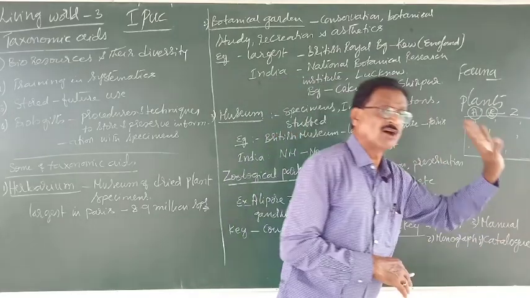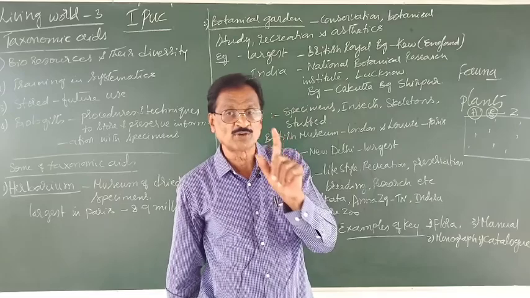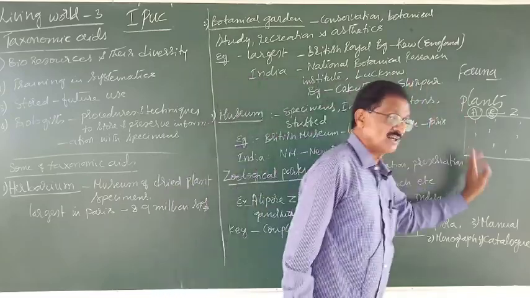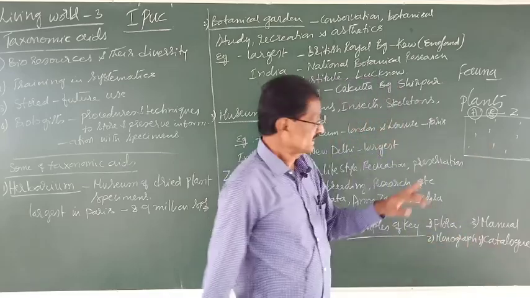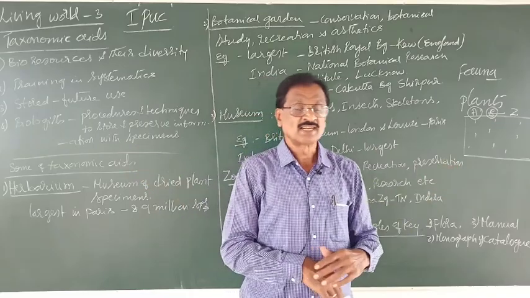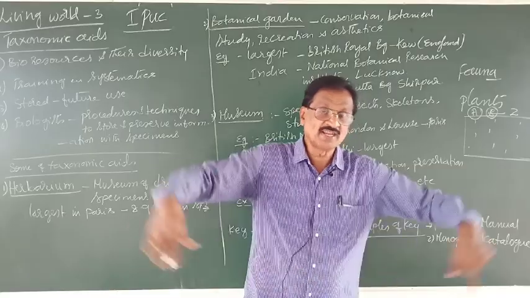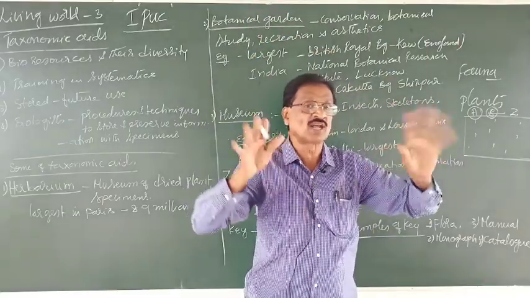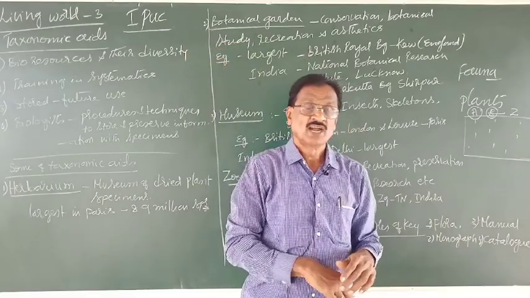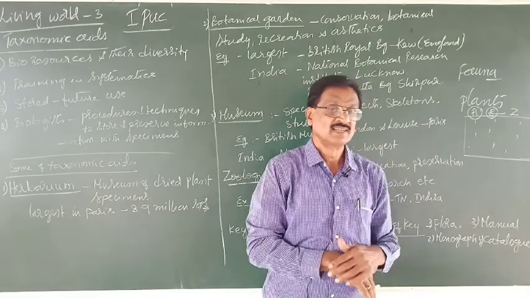Then catalog. Remember, if it is the information of only a given geographical area, then it is called a manual. Whereas catalog contains several manuals. That means it contains the information of various geographical areas found on the globe or in that region, and all are listed.